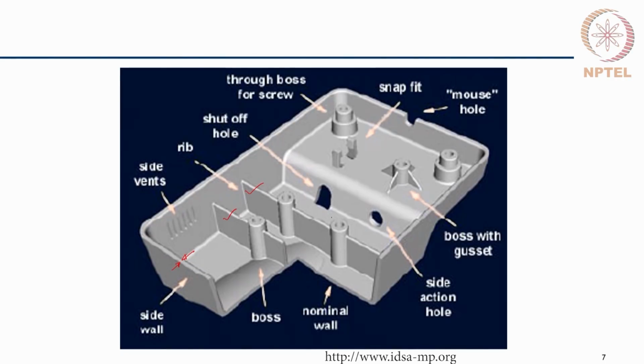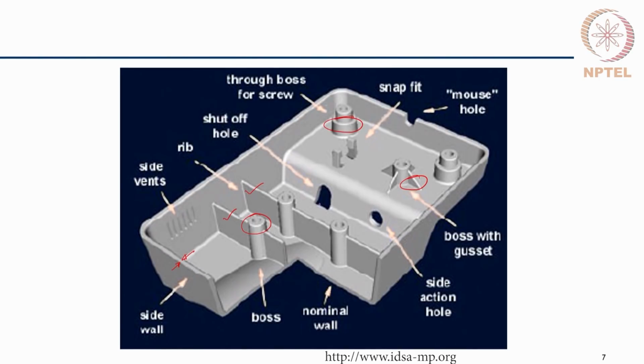And we have the bosses, which can take in elements like screws. The bosses may also sometimes have gussets to provide additional stiffness, and sometimes the bosses may be made thicker, or they may be through bosses to accommodate screws.